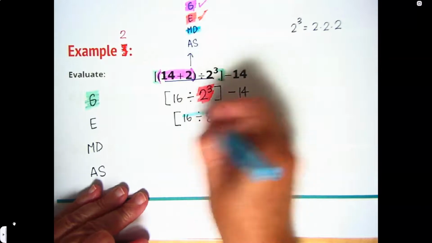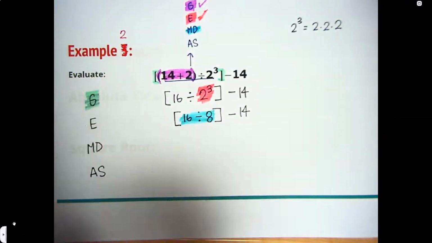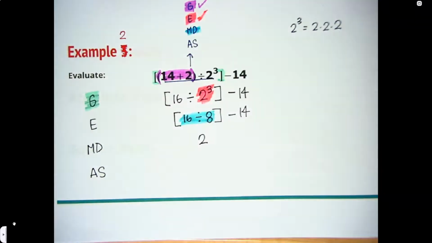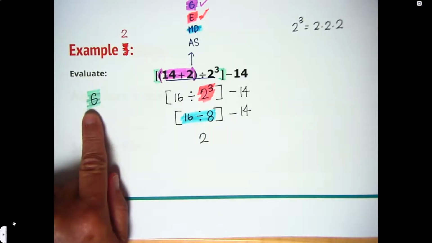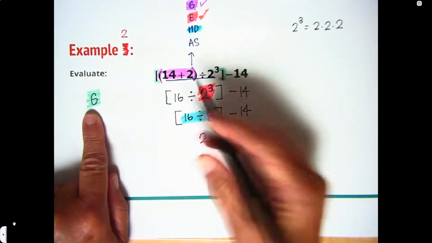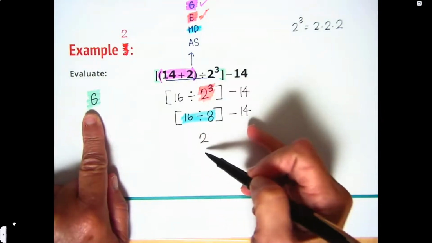And it does. It has 16 divided by 8, so I'm going to do that next. 16 divided by 8 is 2. Now I want you to notice something. Here is the point where we have finished these grouping symbols, because now it's down to one number. I've done 14 plus 2 divided by 2 cubed, and it's finally down to one number.